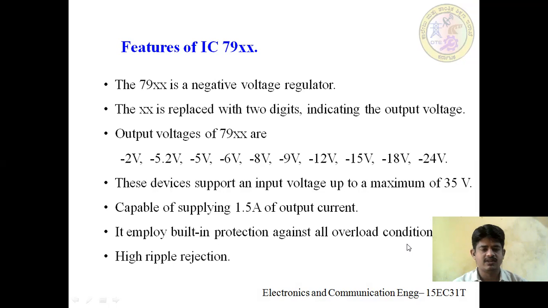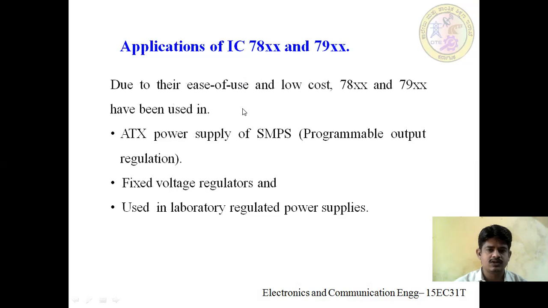Even in the 78 series, we have seen that internally it has an inbuilt protection function. If there is any overload, automatically it will have protection. Then high ripple rejection means if there are any ripples, it will have higher ripple rejection. Means the output will be very ripple free. So those are the features we have discussed about the 79 series.